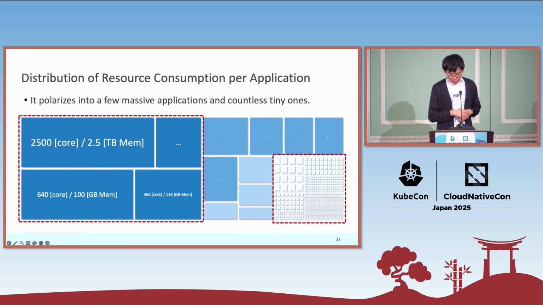And it shows the distribution trends to be divided into two characteristics. A few applications that consume a large number of resources, and a large number of applications that consume small amount of resources. And I believe that this is likely the case in many organizations.